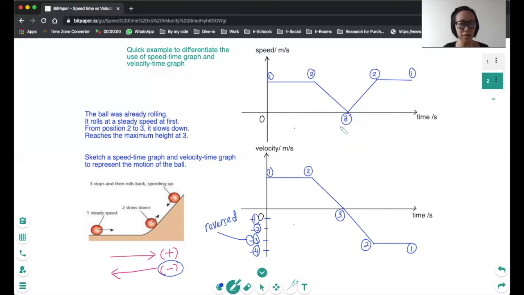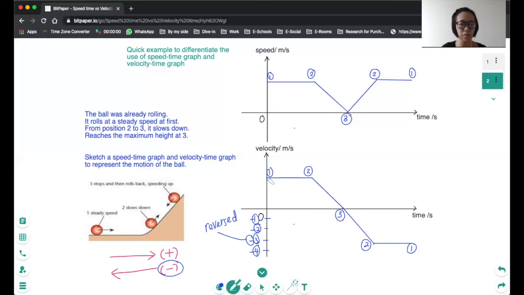In this case, you can see that the speed time graph simply gives you the value of the speed: constant, decrease, increase, constant again. It doesn't tell you if the ball has changed direction or not. We wouldn't know if you are only provided with a speed time graph. However, the velocity time graph gives you a little more information in terms of direction.